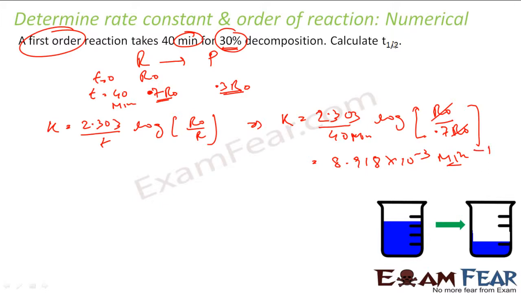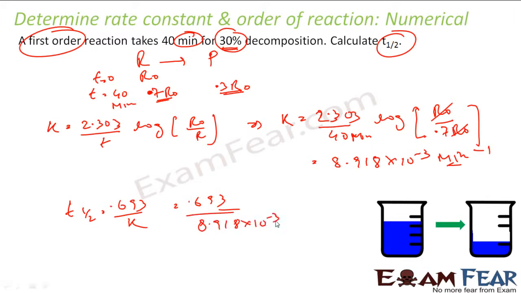Now to find T half. T half is pretty easy, 0.693 by K. So 0.693 by 8.918 times 10 to the power minus 3 per minute. Solve this, you get 78. Right? See, we are asked to find T half.